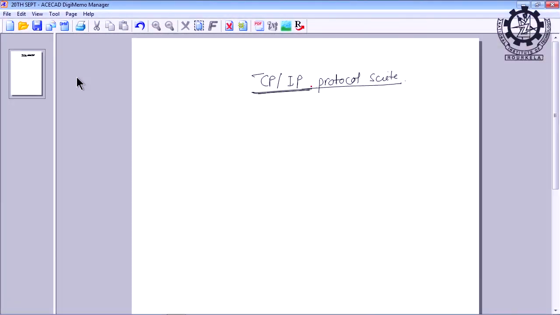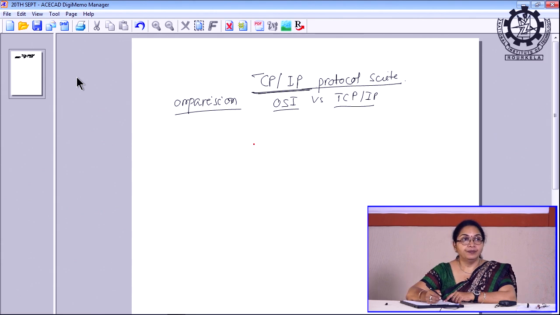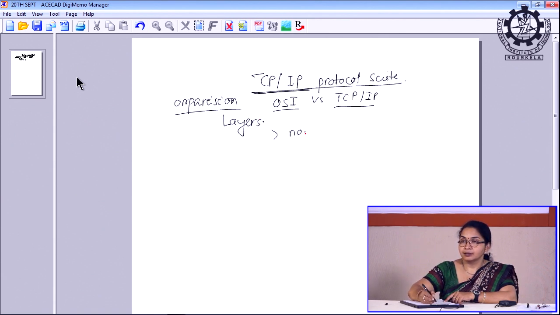If you compare the TCP/IP with the OSI model, they are different in terms of the number of layers, their numbers, their names.